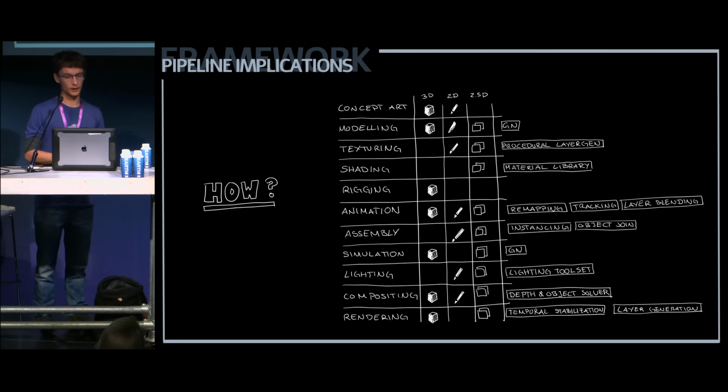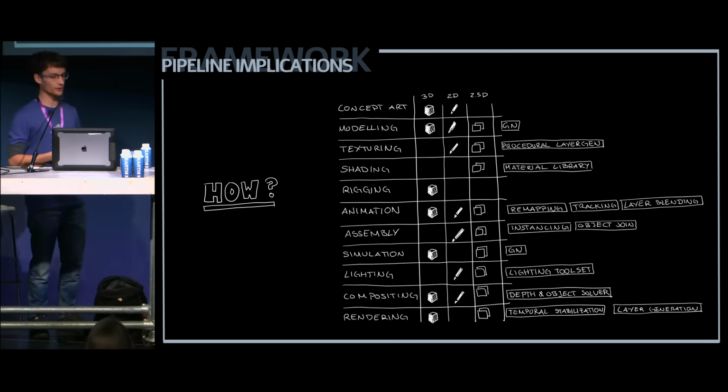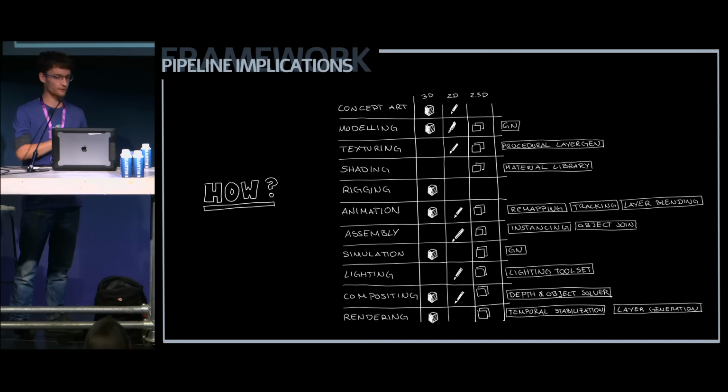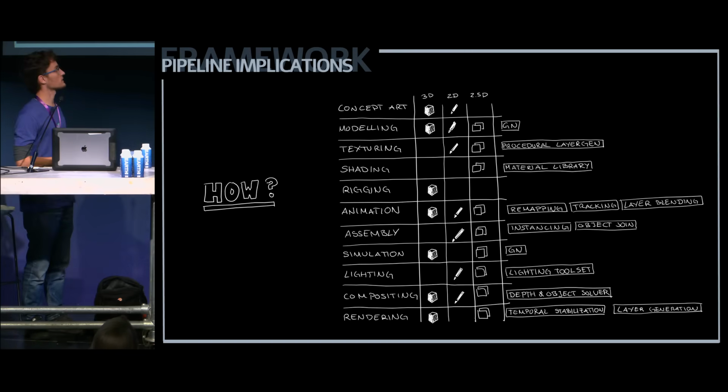Right, so what are the pipeline implications, or why does all of this work? The idea was to implement a pipeline that could work fully in geometry nodes. So you stay as long as possible within this one context, which means you gain access, through geometry nodes themselves and the new modules I've created, to almost each pipeline step inside of geometry nodes.